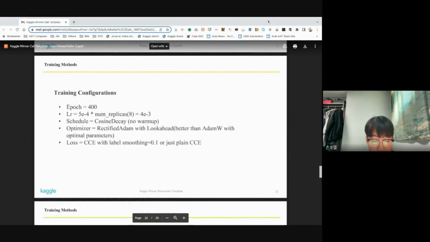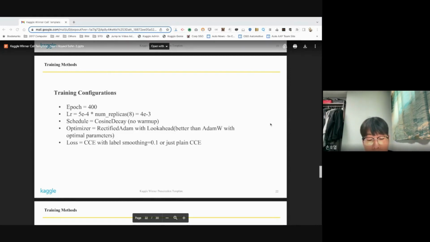Let's go over the training configurations. Since I trained the model from scratch and applied various regularization, I set the number of epochs very high. I used a cosine decay learning rate schedule without warm-up and the rectified Adam optimizer, which provided better accuracy than the well-known AdamW.